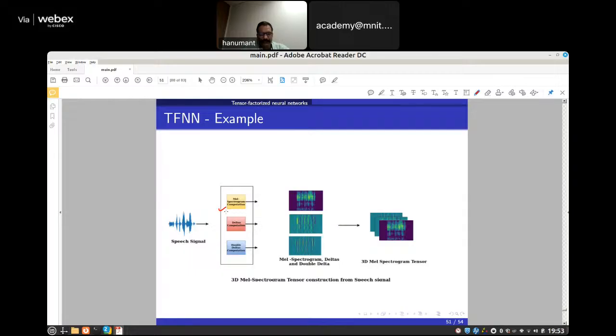We want to classify four basic emotions: angry, happy, sad, neutral. Then we take the delta, just the difference with the neighboring one in the row side, and the double delta, meaning double differentiation. Then we get this thing, and I arrange them in a three-dimensional manner here.